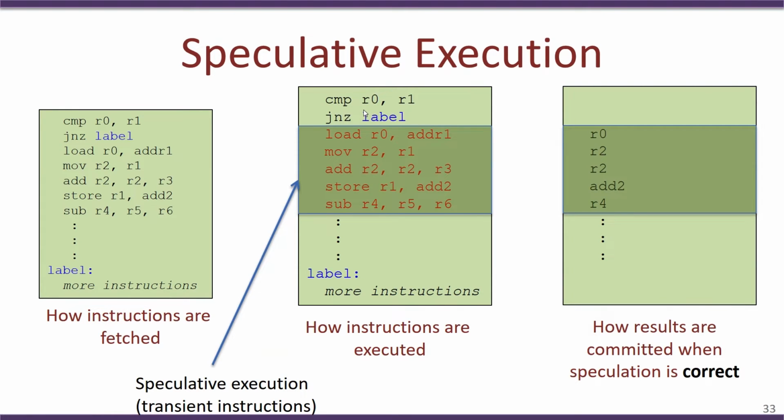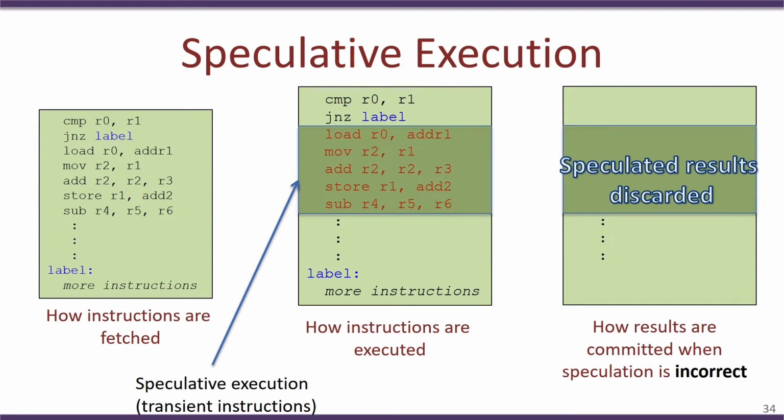Now the thing one would ask is, this would work fine for the specific example when R0 is equal to R1, but what would happen when R0 is not equal to R1? When R0 is not equal to R1, we know that the 0 flag would be set to 0, and the jump on no zero to label would result in the execution being transferred to the instructions following the label.